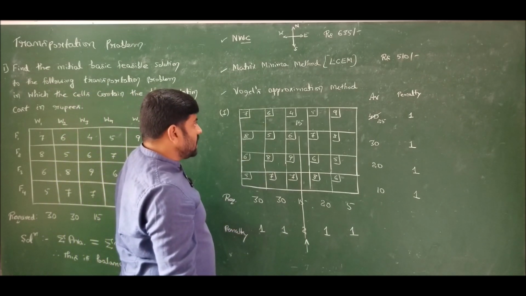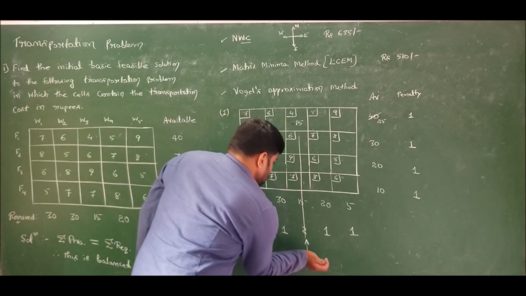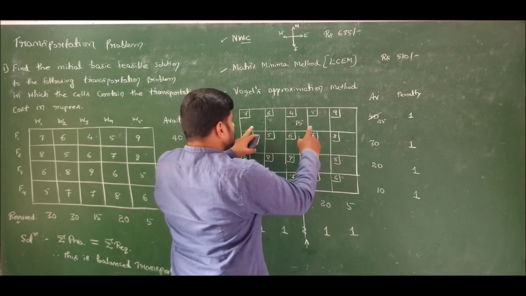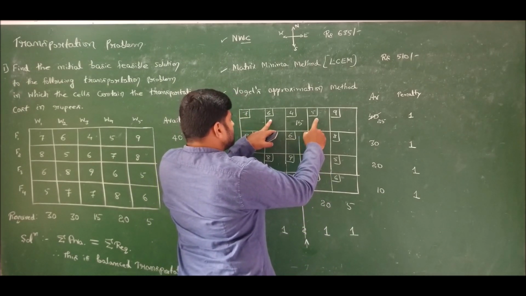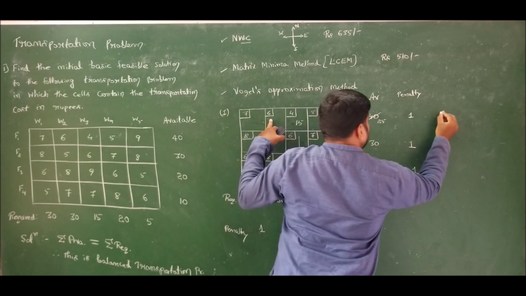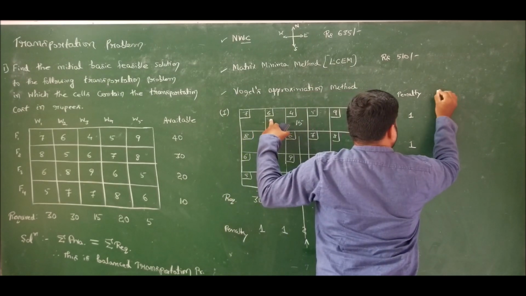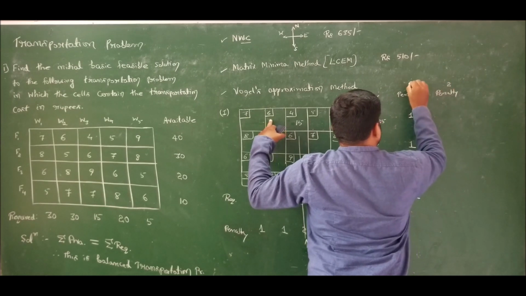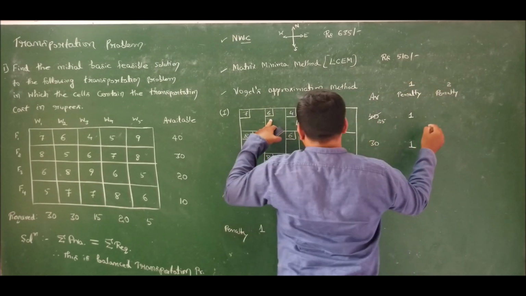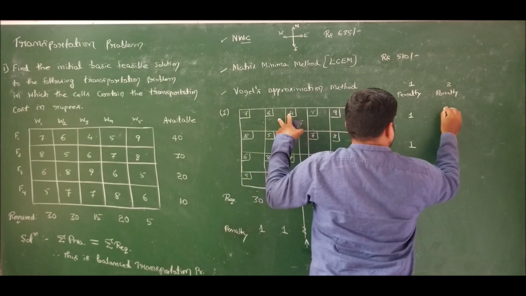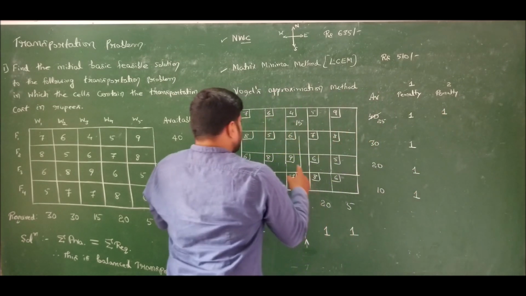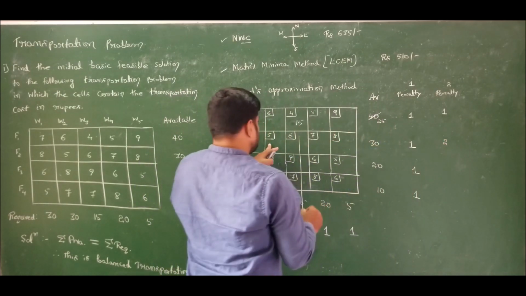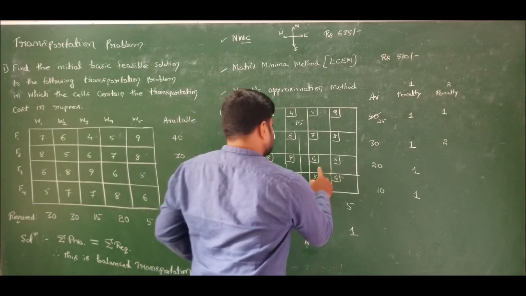Now for the remaining, you calculate the penalty. It is the difference between 5 and 6, again the penalty is 1. This is the penalty for step 2; the earlier one was for step 1. Penalty for step 2 is 5 and 6, again 1. Here we have 5 and 7, penalty is 2. Here 5 and 6, penalty is 1.